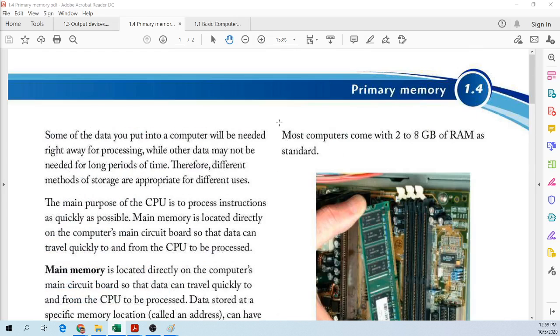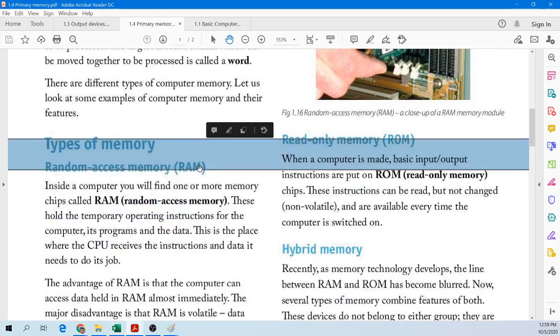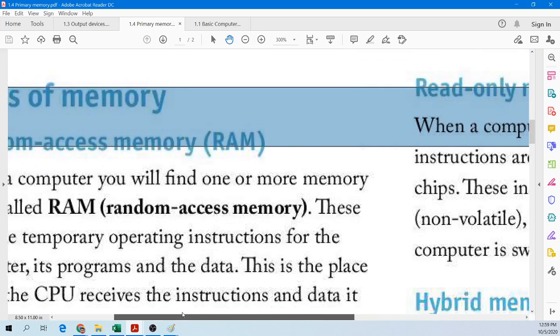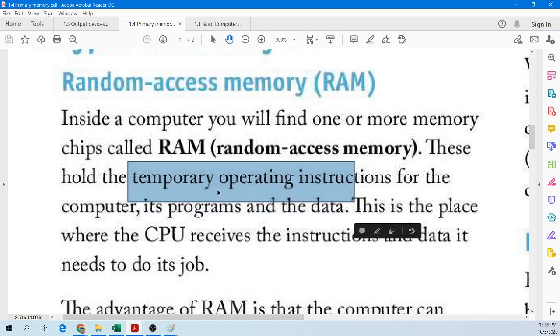And then it ended with, alright, we'll come to that just now. So, inside of your computer, you will find chips called RAM chips. Now, RAM temporarily holds data. So that's something that you need to remember about RAM.